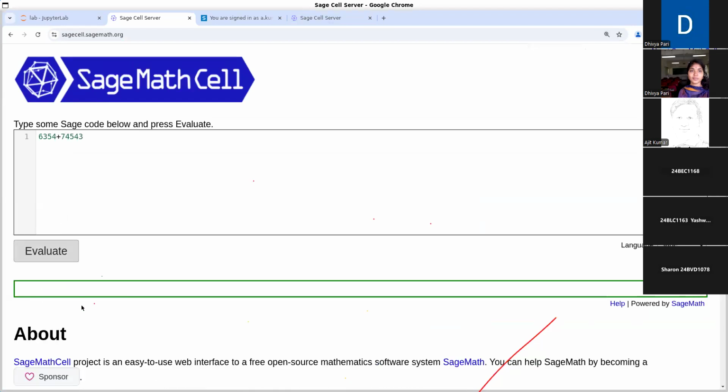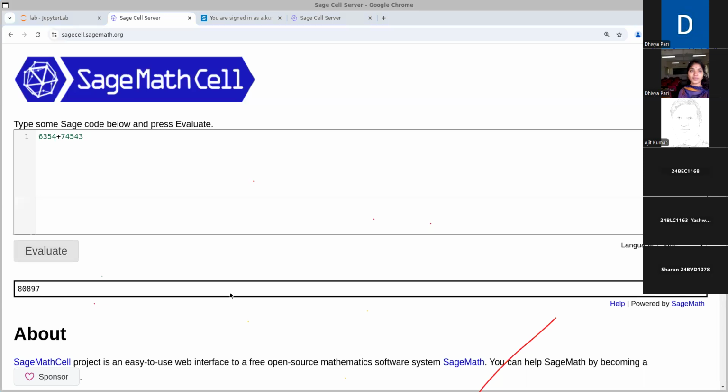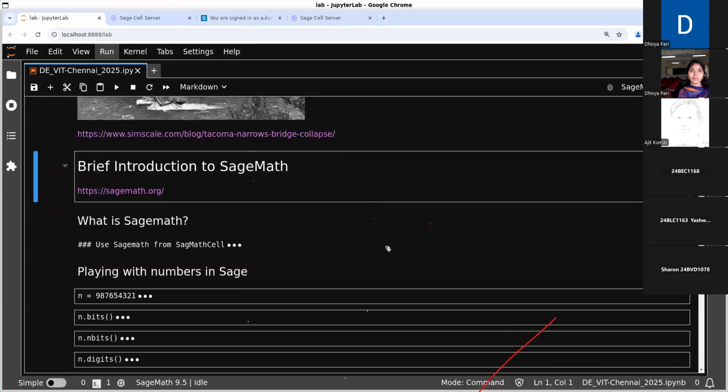Immediately I will see the output. Everything that you can do in the installed version of Sage, you can also do here. Along with me, some of the codes I will put in the chat message, and you can even execute them here. Okay, let me get back to this file.